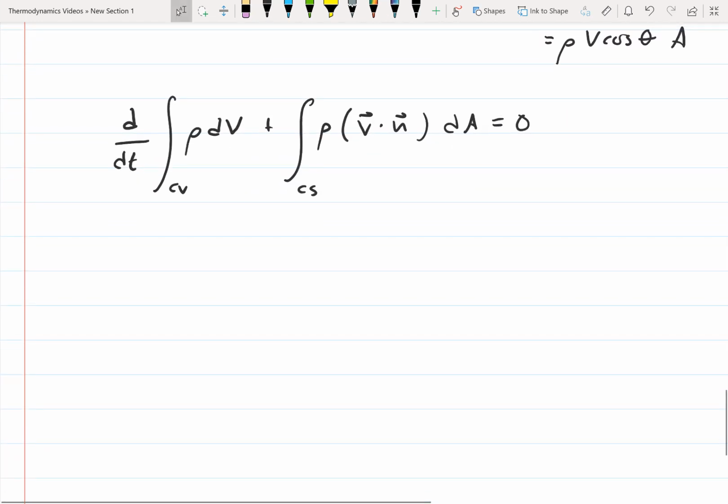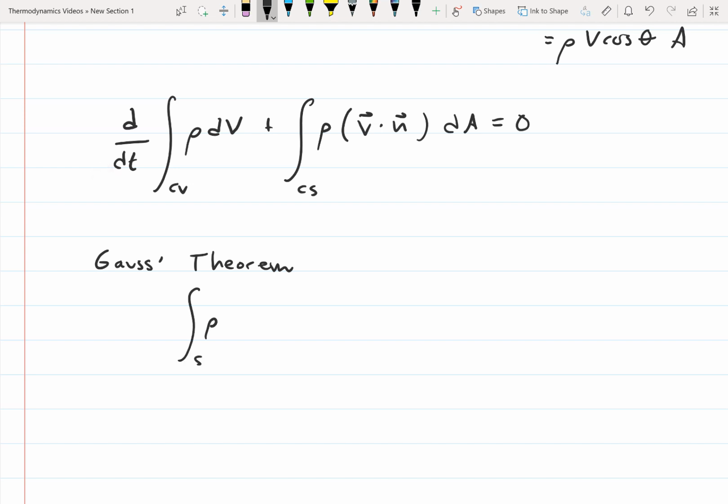So what we can do is use Gauss's theorem. So just write that down. Gauss's theorem says that the integration over a surface of rho v dot n dS is equal to the integral over the volume of the divergence of rho v dV.